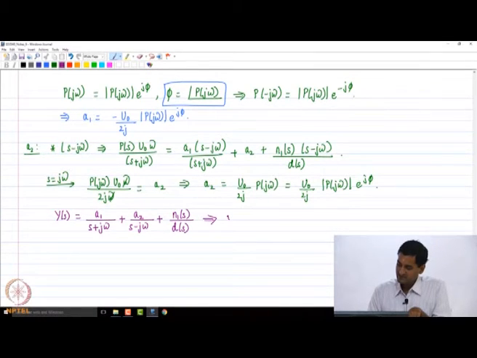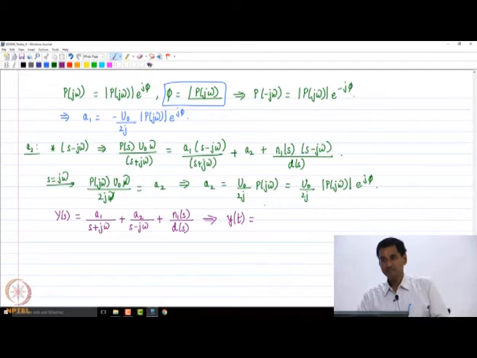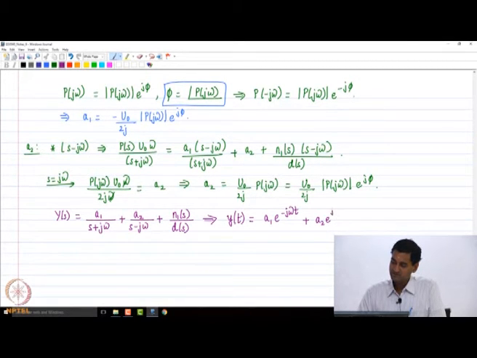This immediately implies that if I take the inverse Laplace transform, what will I get? The first term I will get A1 e power minus j omega t, and then for the second term A2 e power j omega t.